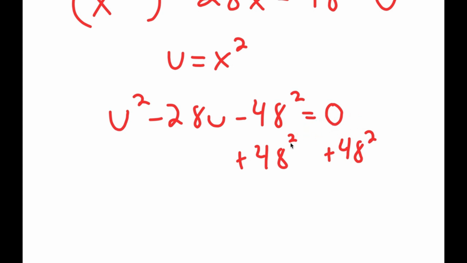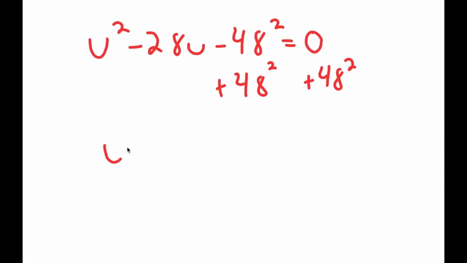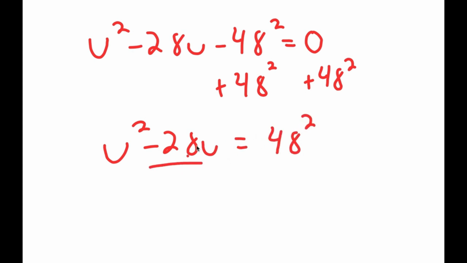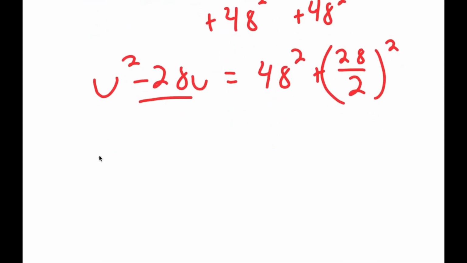Now I get u squared minus 28u is equal to 48 squared. Now I'm going to add negative 28 divided by 2, squared, on both sides. And if you guys don't know what completing the square is, you have to go watch a video on it.